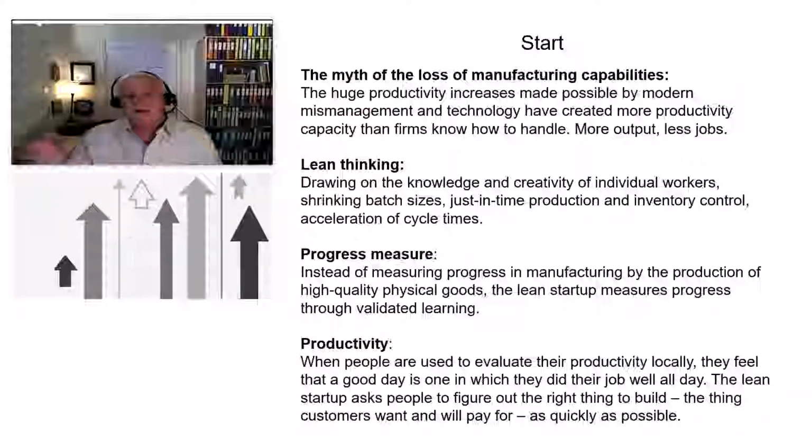Rather than creating 1,000 parts and then putting 5 of them in front of a customer, let's create 6 and put 5 of those in front of a customer. Smaller batch times, just-in-time production, inventory control, really understanding just-in-time production, and acceleration of cycle times if necessary. Sprints, as they're sometimes referred to.